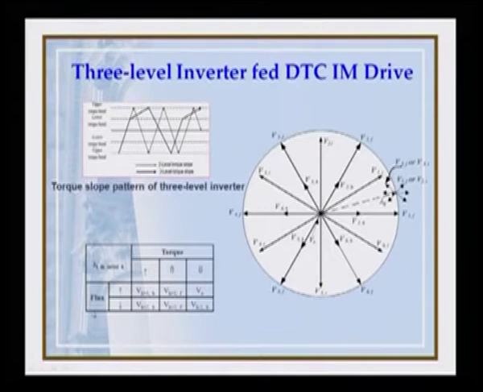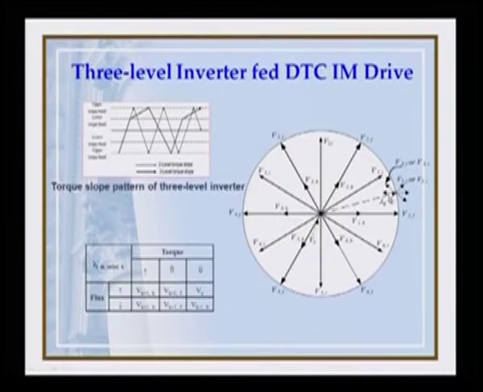So, if we see in the form of a table, what we have drawn here is lambda s in sector K. We have so many sectors in this case. This is basically the first sector, sector 1, sector 2, 3, 4, 5 and 6.